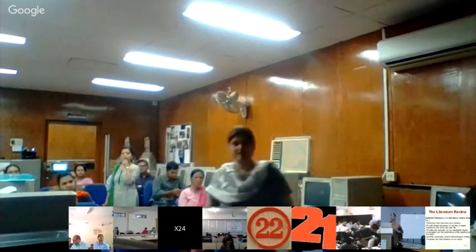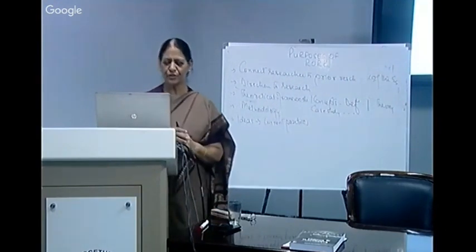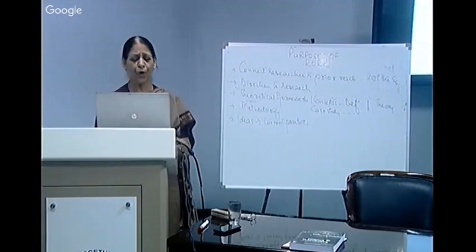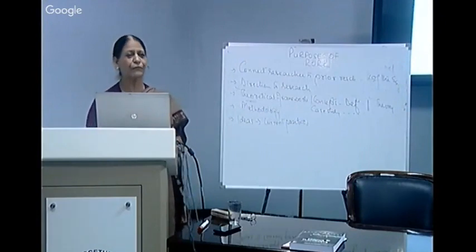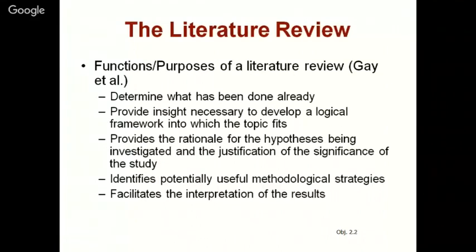Okay, I think when it comes to the review of related literature, as all of you have said, it serves many important purposes. And if I just compile what Gay et al. has given, it says what has been done in the field. So what research has been carried out in the field which you have selected, develop a logical framework.